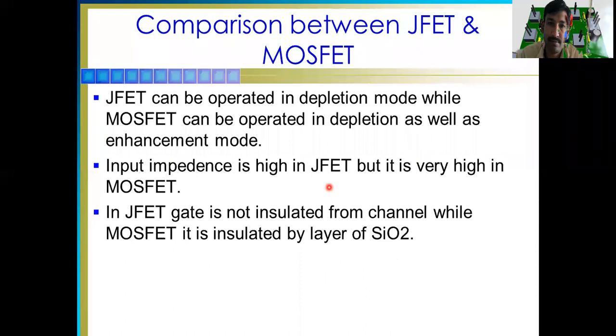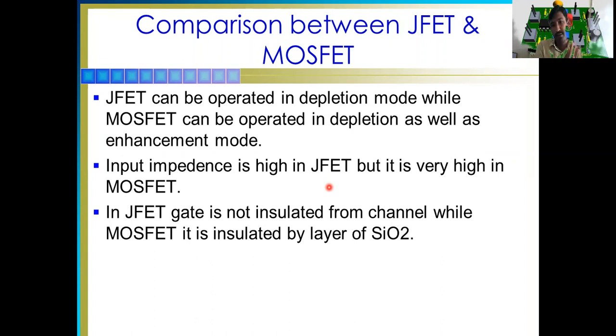BJT has low heat stability, meaning when current reaches a higher level, thermal breakdown happens, while FET has high heat stability, meaning even when current reaches a higher level, thermal breakdown will never happen. In IC fabrication, BJT occupies more space, while FET occupies very little space.